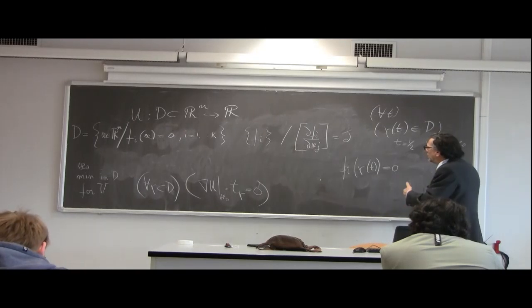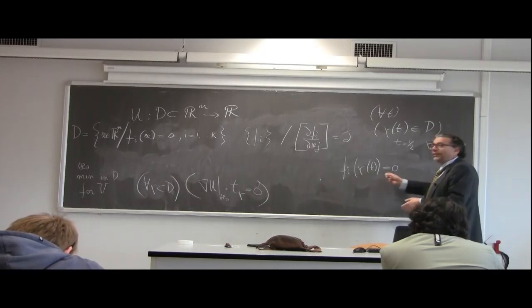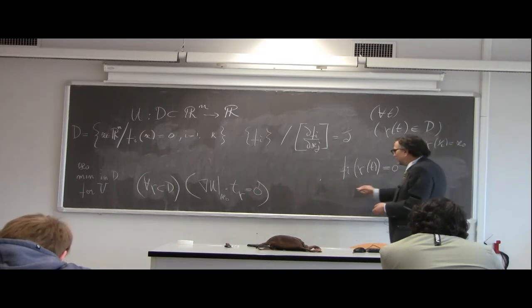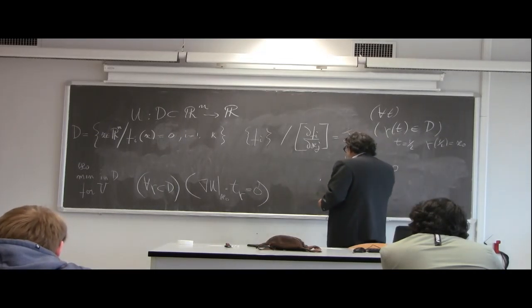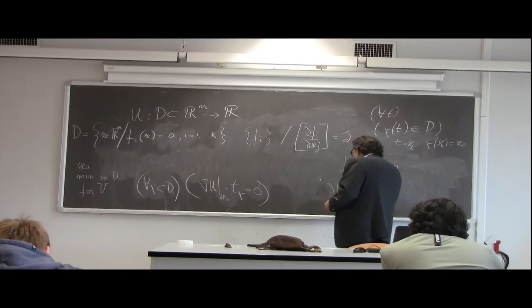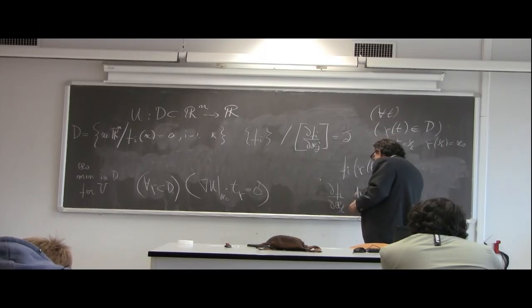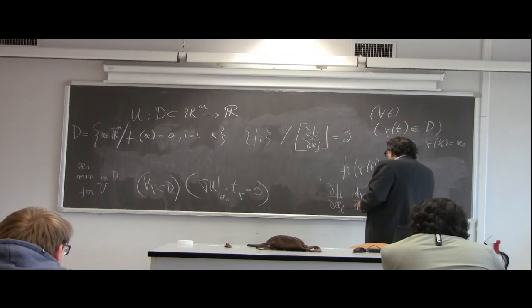Okay? So I can derive this function with respect to time. What do I get? Summation over l of d phi i over dxl, d gamma l over dt, is equal to 0.